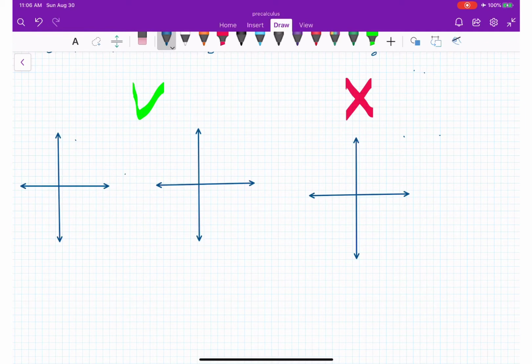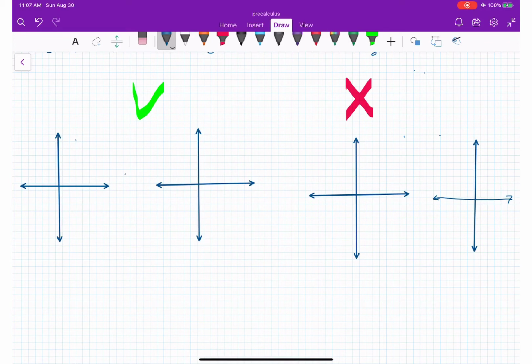Okay, one more. Well, okay, this one I drew by hand.